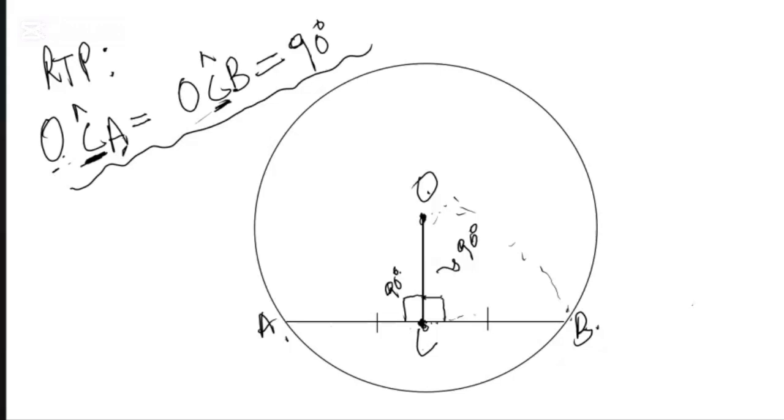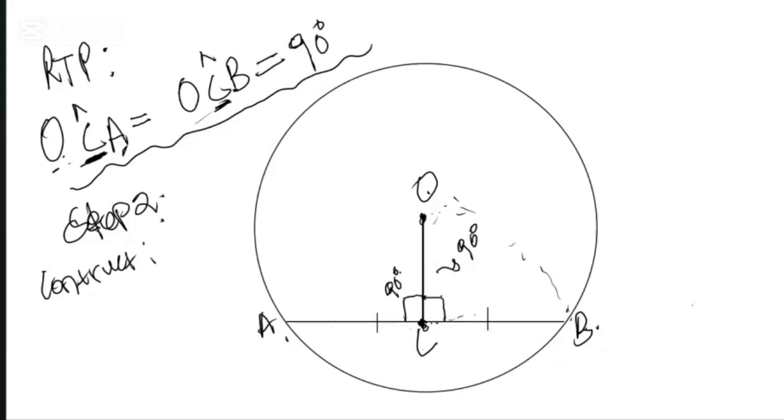And our second step, remember, after writing our required to prove, is to construct. When we're constructing, we need to let them know exactly what we are constructing.